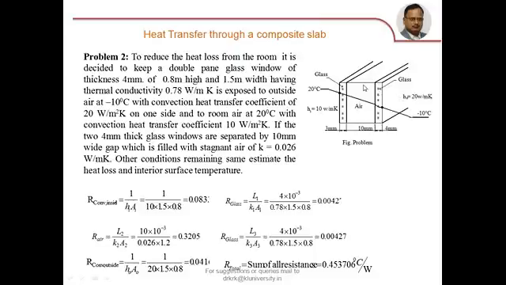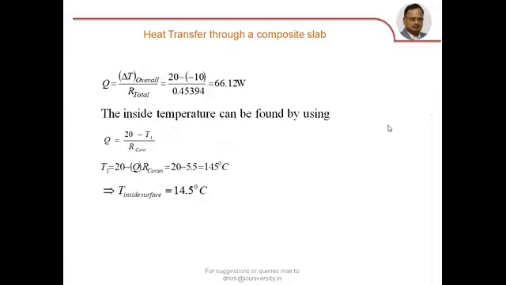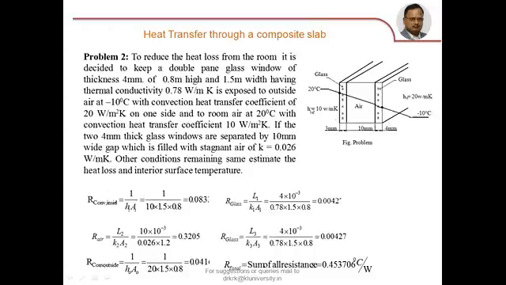So altogether, if you consider this problem, you have 5 resistances. First resistance is convective resistance inside. The second resistance is glass resistance. The third resistance is the stagnant air conduction resistance.